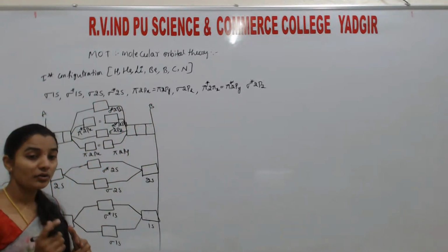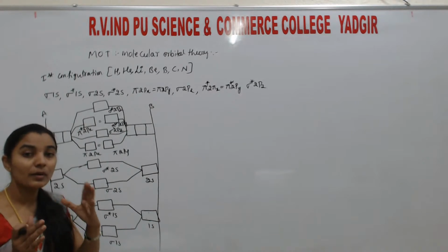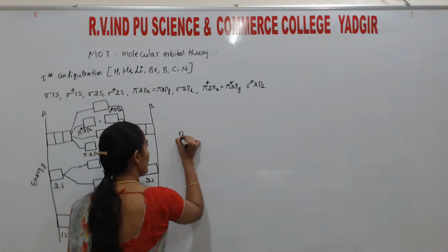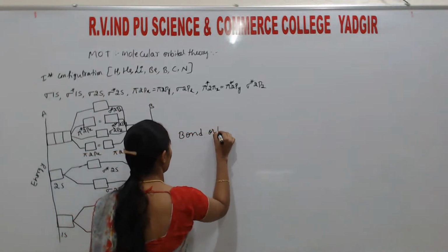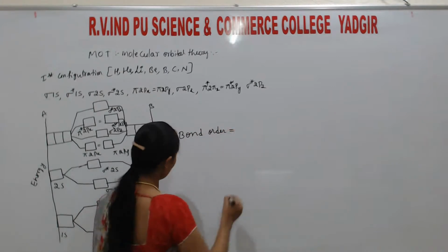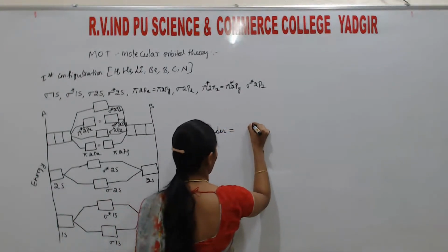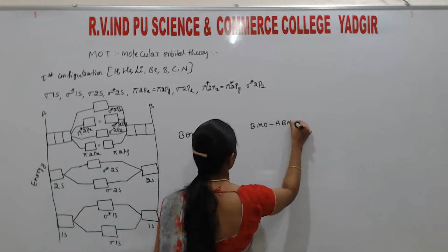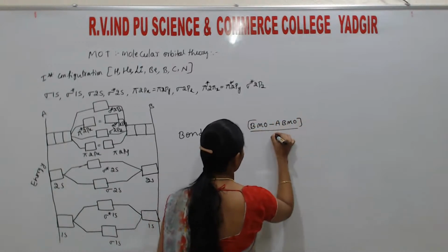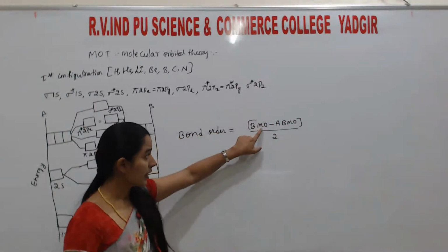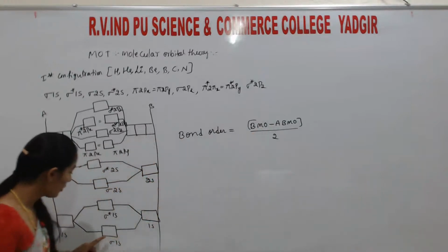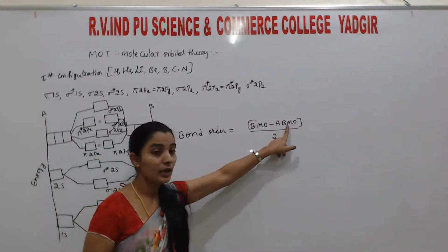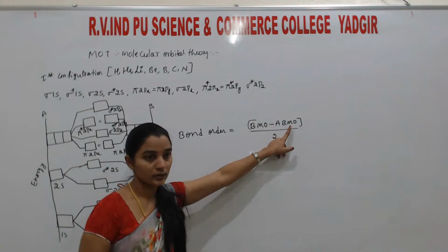Next, finding out the bond order. Bond order means number of bonds. How many bonds are present? So listen here. Bond order is equal to the electrons present in bonding molecular orbitals minus the electrons present in anti-bonding molecular orbitals, divided by 2.